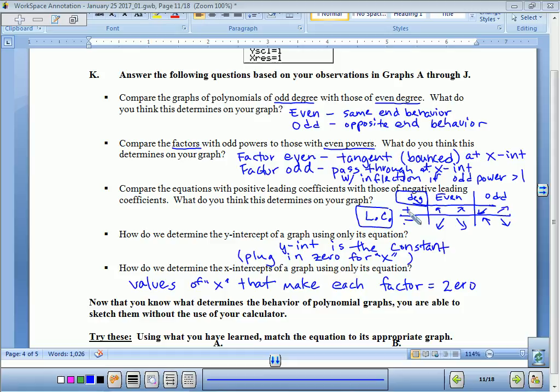So if our leading coefficient is positive and our degree is even, it's rise, rise. If our leading coefficient is negative and our degree is even, it is fall, fall. If our leading coefficient is positive and it is odd, then it falls to the left and rises to the right. But if our leading coefficient is negative and it's odd, then it rises to the left and falls to the right.